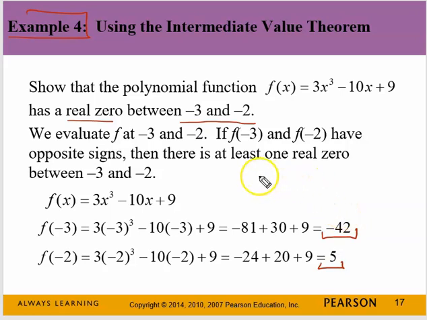Now notice then our A term would be a negative 42, and our B value is a 5. So opposite signs, there is a value C between them that would indicate a point which would be a 0 that is crossing the x-axis, an x-intercept.